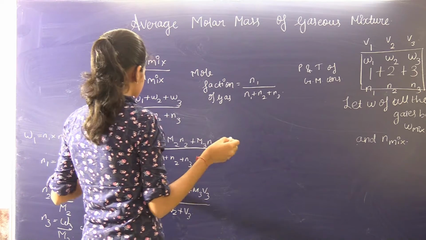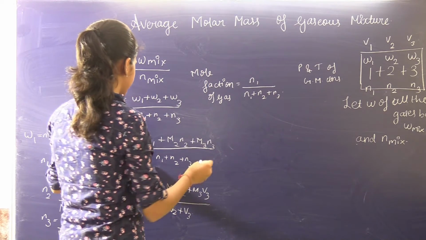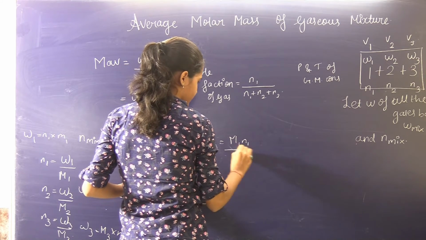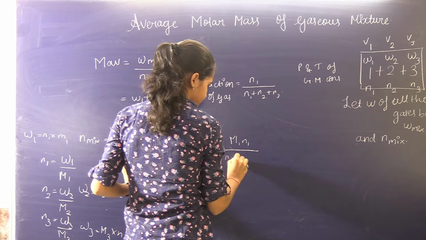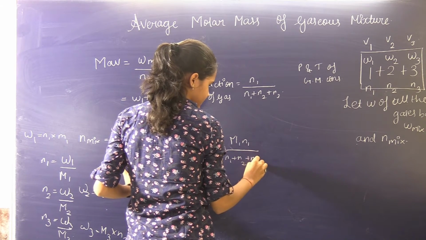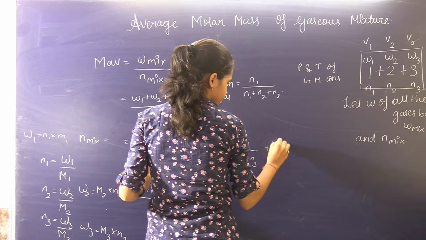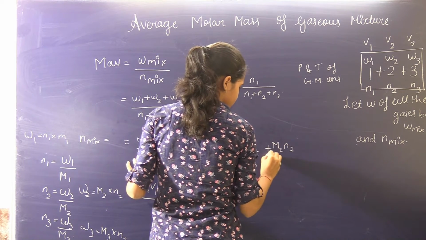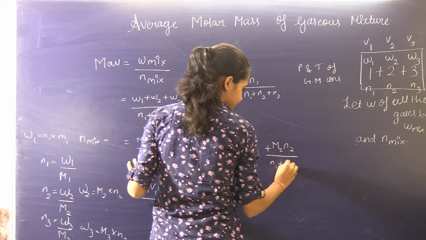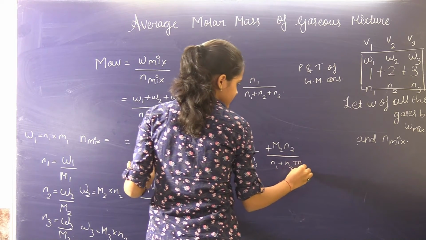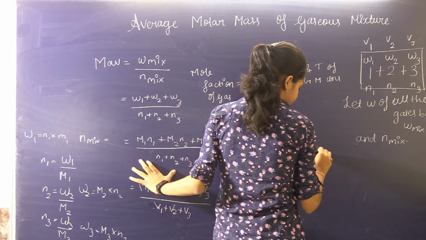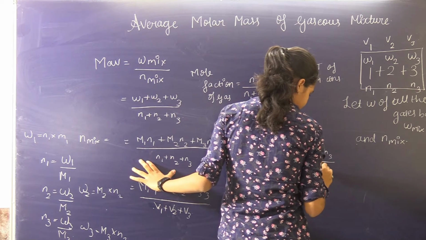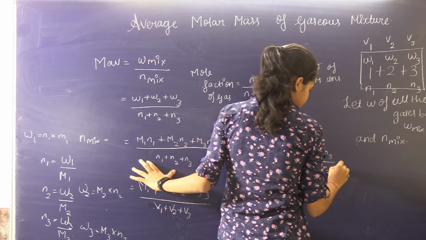So we can write this formula as M1 N1 upon N1 plus N2 plus N3 plus M2 N2 upon N1 plus N2 plus N3 and M3 N3 upon N1 plus N2 plus N3.